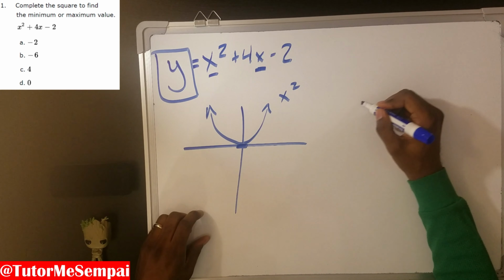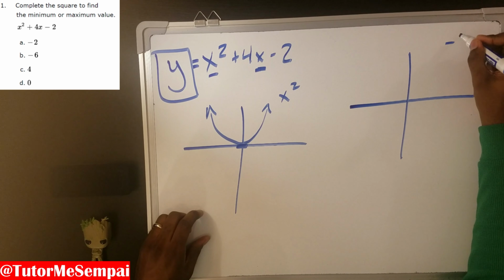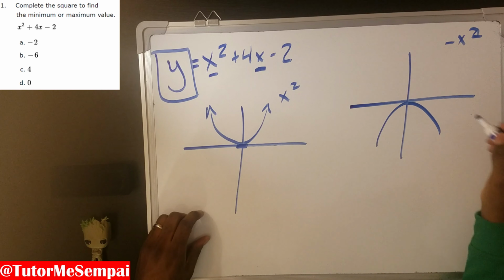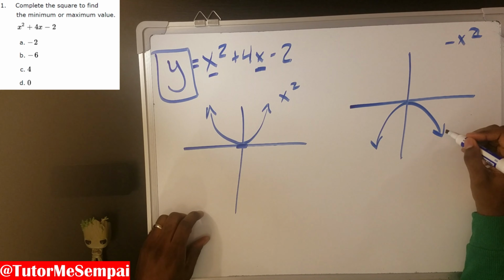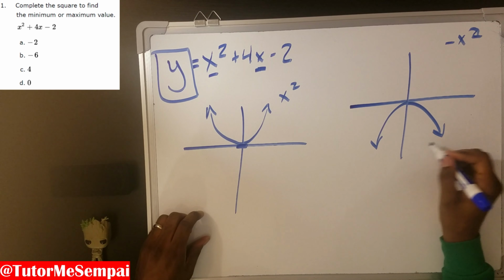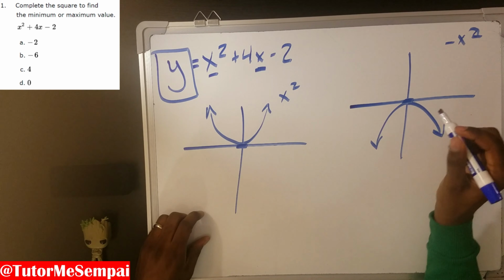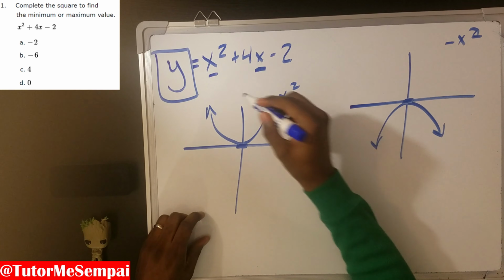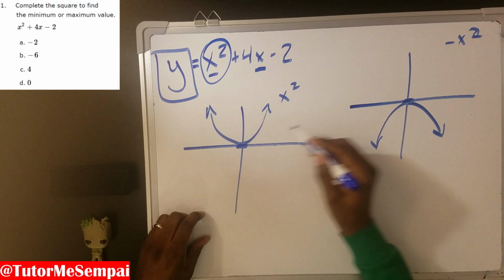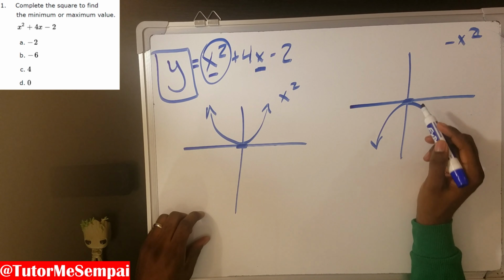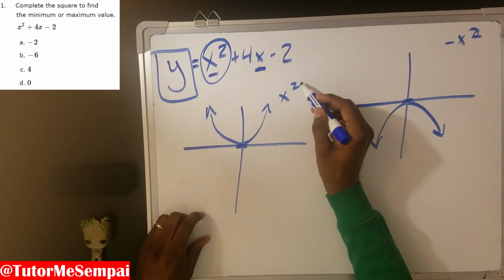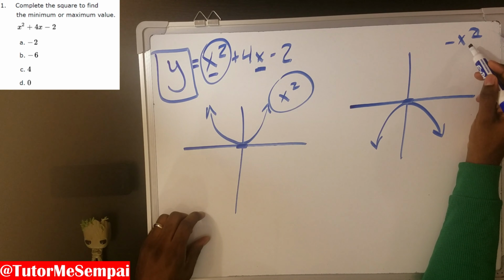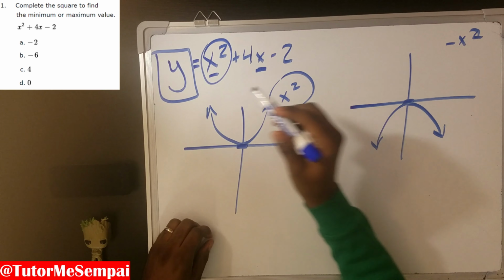Likewise, if you had a negative x squared, both sides are growing to negative infinity with no limit, but you have a clear maximum. So when it's asking for us to find the minimum or maximum, it's because this is a quadratic and we're going to have a minimum or maximum. So we want to find if it's a positive, like in this example, the minimum, or if it's a negative, like in this example, the maximum value of y.